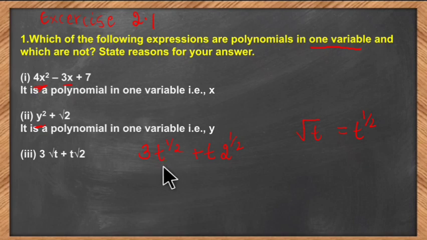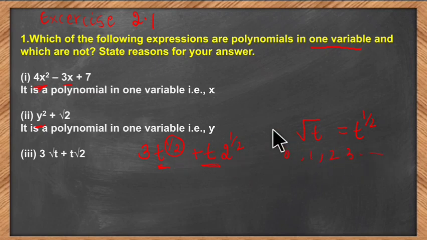See here we are having the same alphabet, but what about the powers? Is it a whole number? No, right? Root t means t to the power half. Half is not a whole number, half is a rational number. Whole number means only 0, 1, 2, 3 and all the positive numbers.